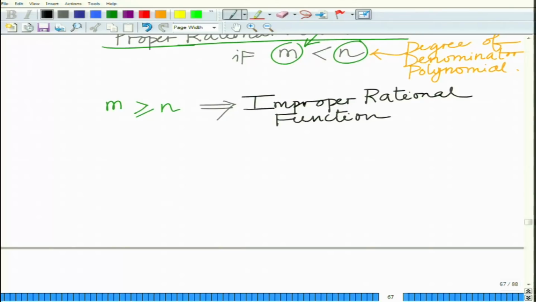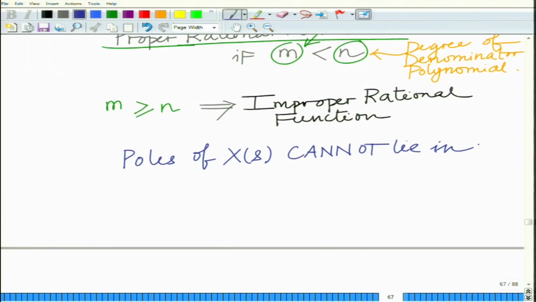Okay. All right. And now, one thing to keep in mind is that the poles of X(s), the poles of the transfer function, cannot lie in the ROC, since X(s) is undefined at the poles, or since X(s) evaluates to infinity at the poles.